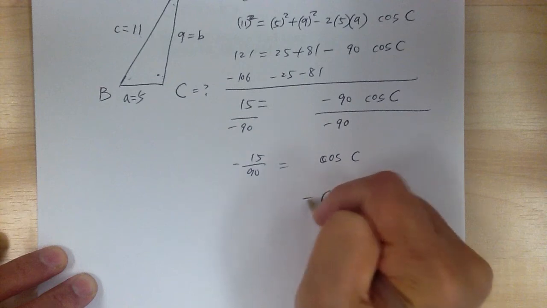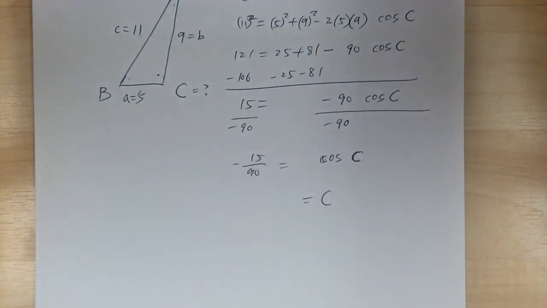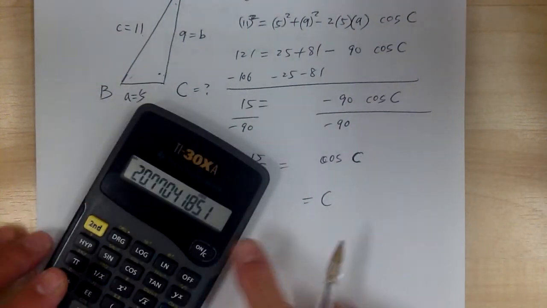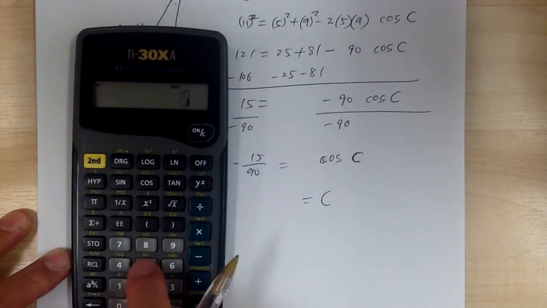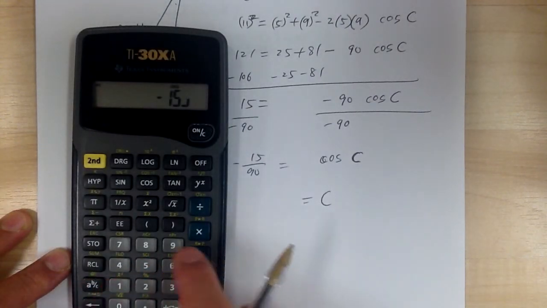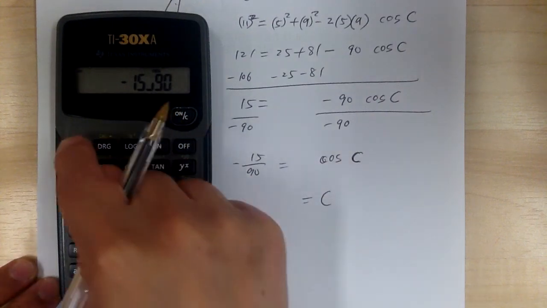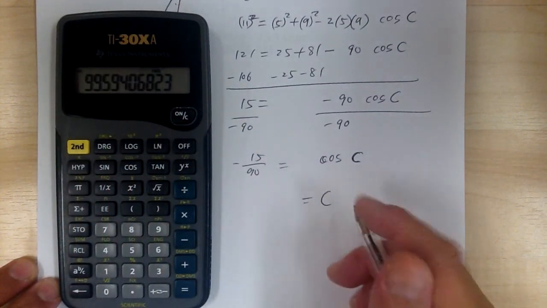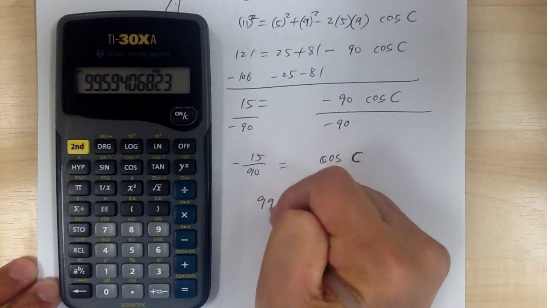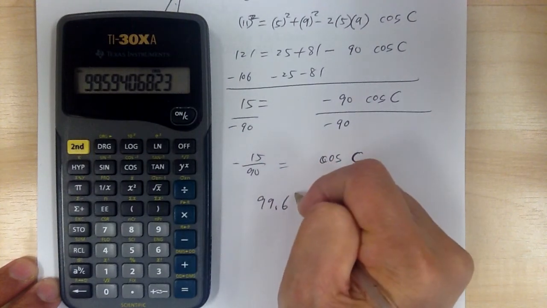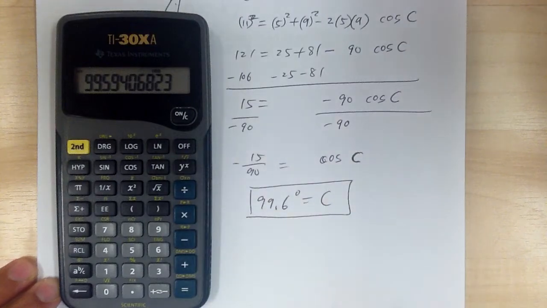So angle C equal to, you can use your calculator. So you got negative 15 over 90. And since you're looking for an angle, you have to go second function, so second cosine. And so it would be 99.6 degrees. Okay, and that's it.